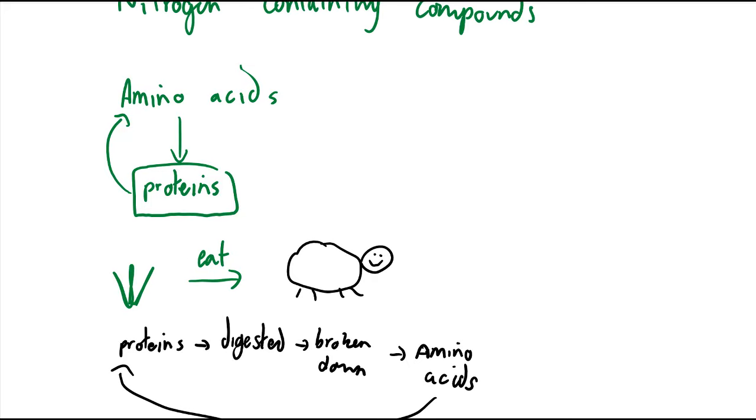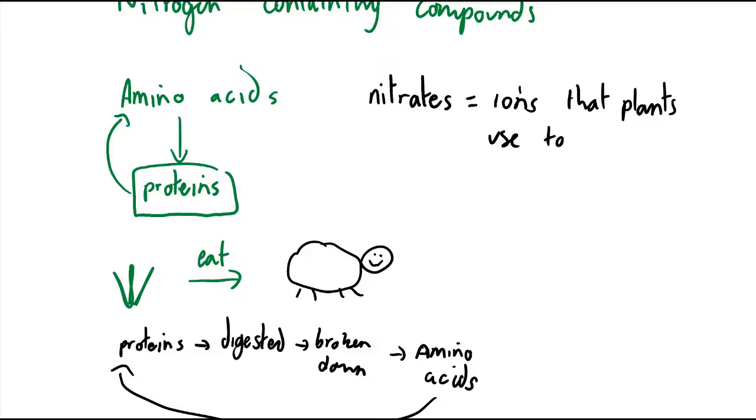Other nitrogen containing compounds that we've got might be things like nitrates, which is basically ions that plants use to make proteins. Now, plants can only use nitrogen in the form of nitrates.